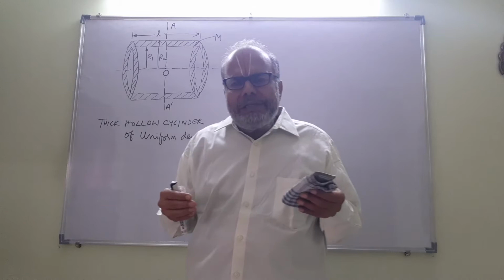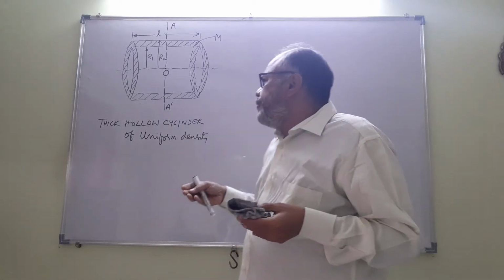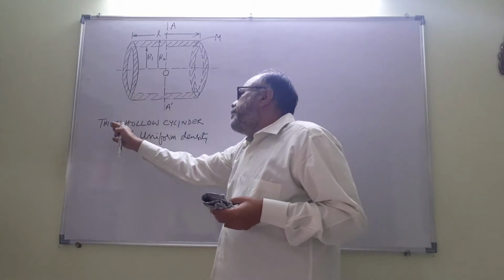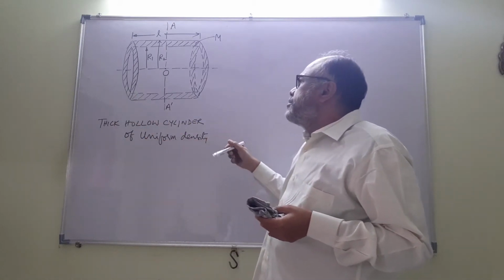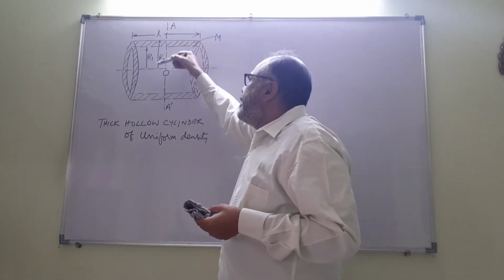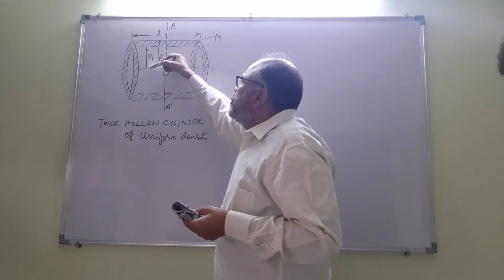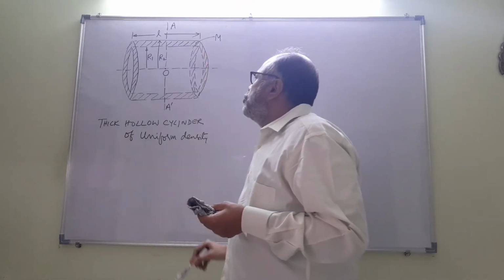To answer these questions, we have taken a thin hollow cylinder of uniform density. The cylinder has an inner radius of R1 and an outer radius of R2.